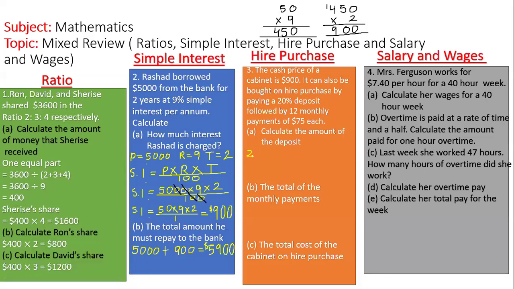So 20 over what? Over 100. Multiplied by what? 900 over 1, very good. Now what we're going to do with the zeros, we're going to cancel out this 0 with that 0 and this 0 with that 0. You'll see how I cancel out the zeros, right? Good.